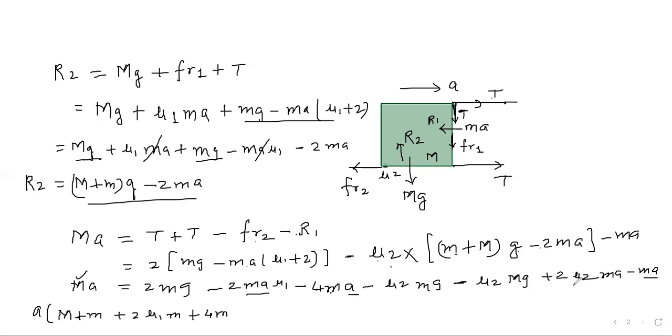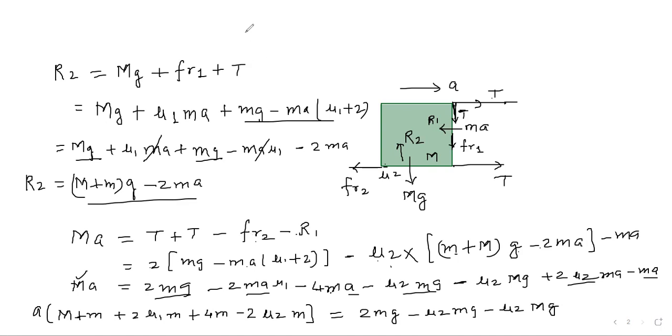This term will become negative as we shift it to LHS, so this will become 2 mu2 times small m, equal to this term remaining as it is, 2 mg, minus mu2 mg, minus mu2 capital Mg.